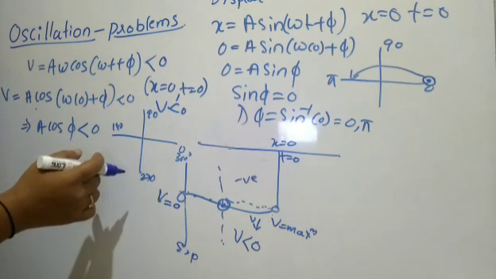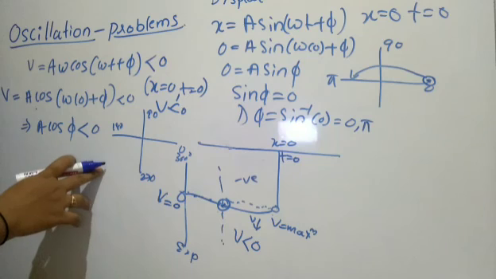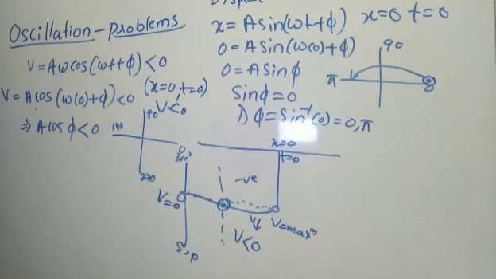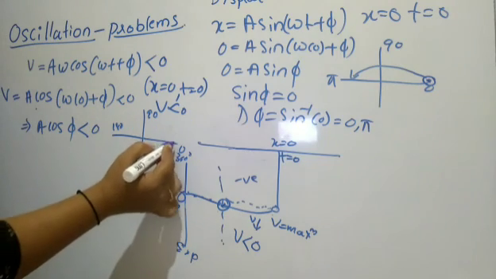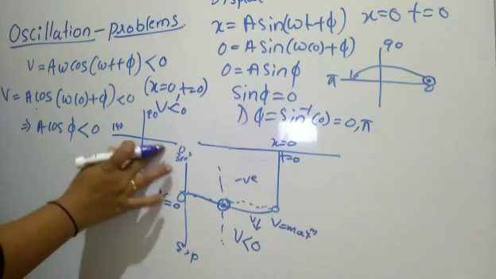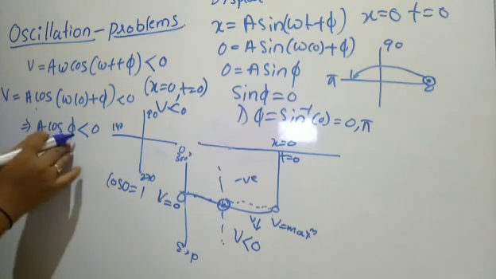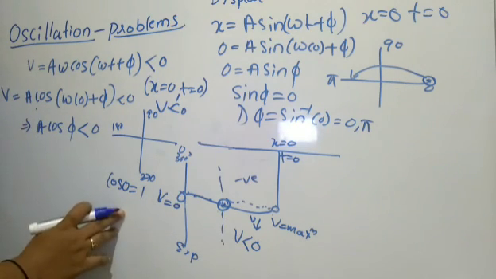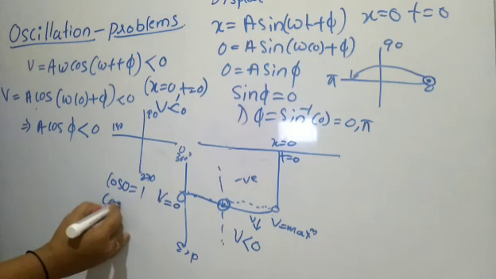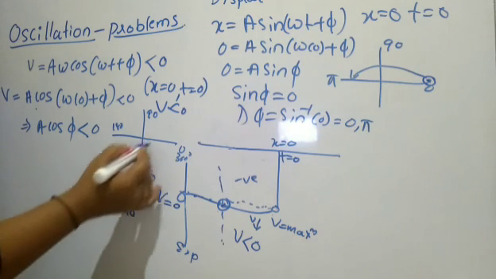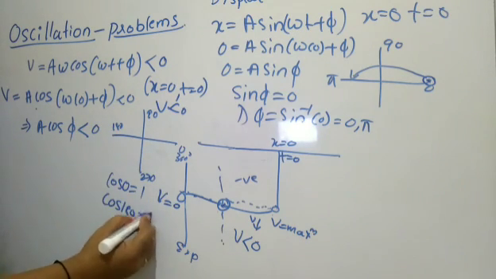We can check it here. The particle is moving in a negative direction. Cos 0 will be 1. Less than 0 means cos 180, and cos 180 is minus 1.